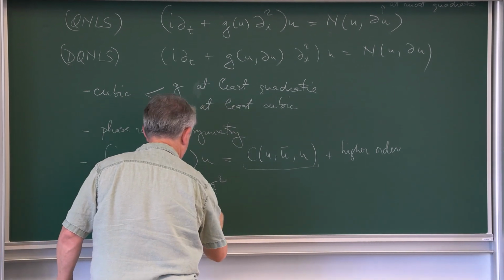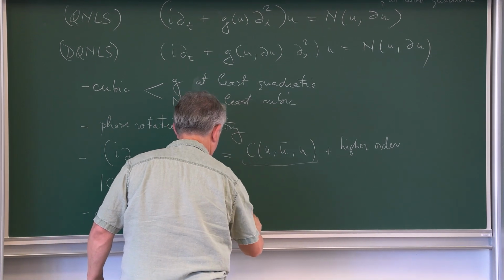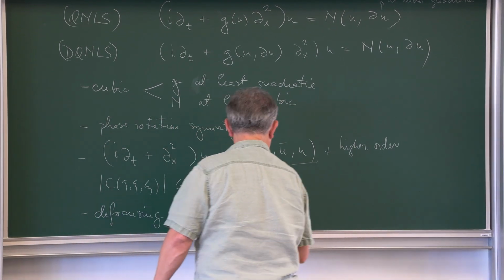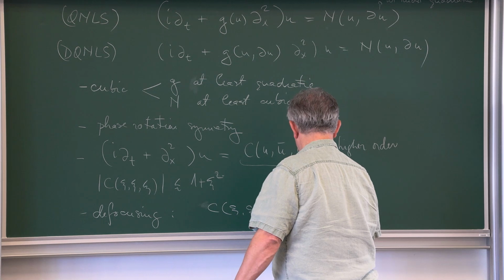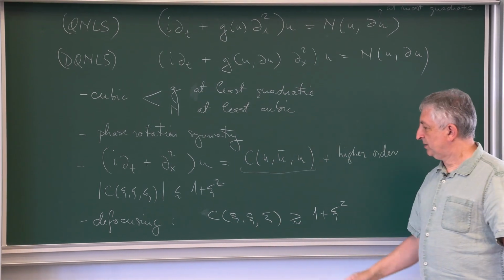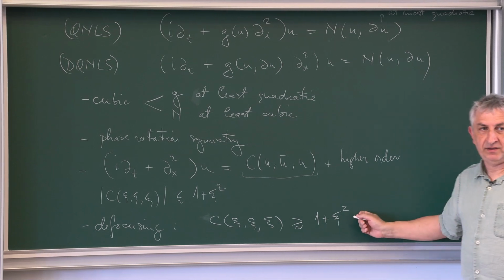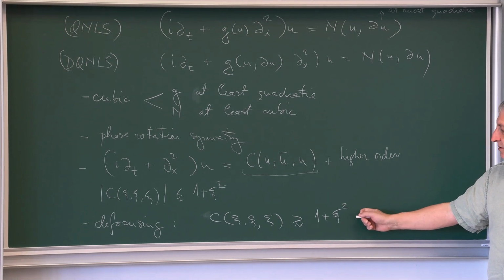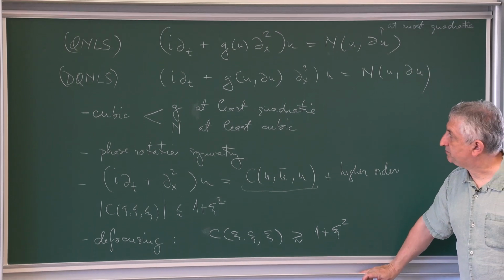And that would be C of psi, psi, and psi greater than 1 plus psi square. So this guy is real and has size at least of the order of 1 plus psi square.